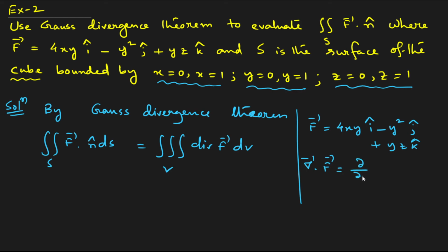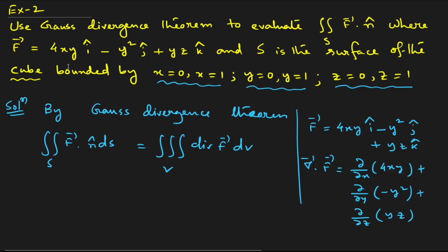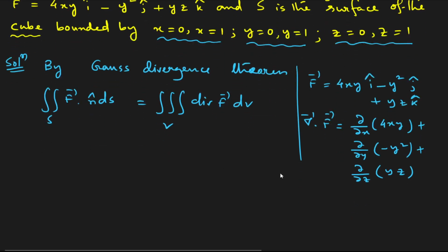So how much is it? Del by del x of f1, our f1 is 4xy, plus del by del y of f2, our f2 is minus y square, and then del by del z of yz. Now when we differentiate with respect to x, we get 4y. Then the second one is minus 2y, and the last one is plus y.